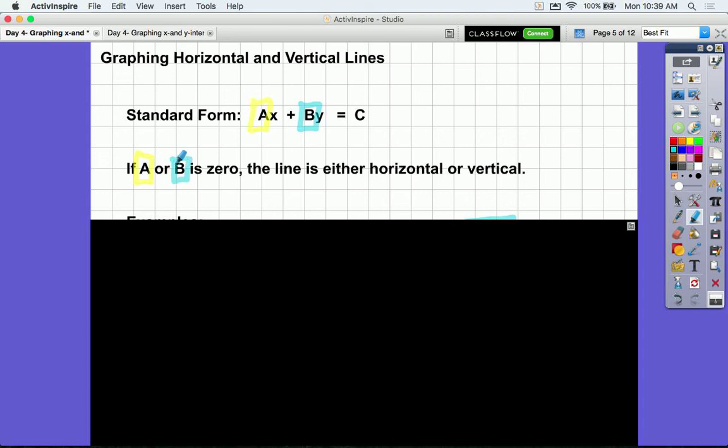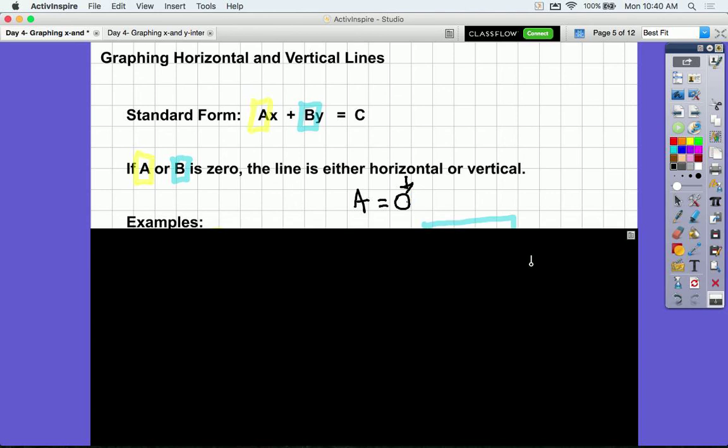If the b is 0, the line is going to be horizontal or vertical. So for horizontal lines, we know that a is going to be 0 because we're trying to disappear the x. There will be no x in the equation. And for a vertical line, we know that b is going to be 0. There will be no y in the equation anymore.